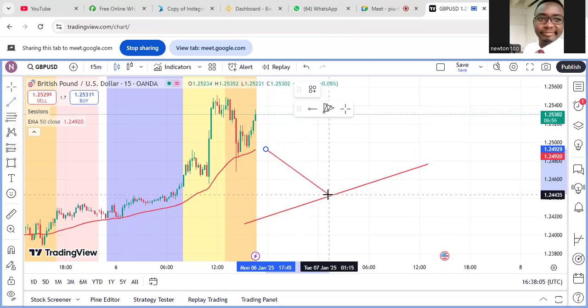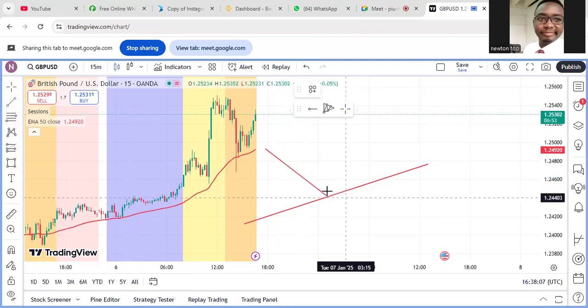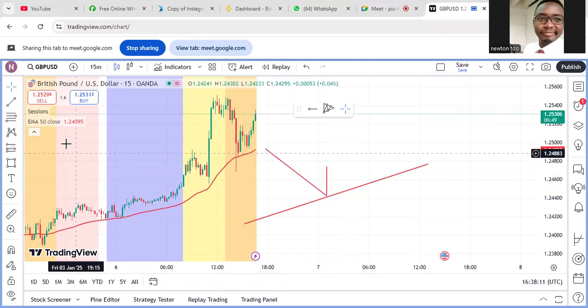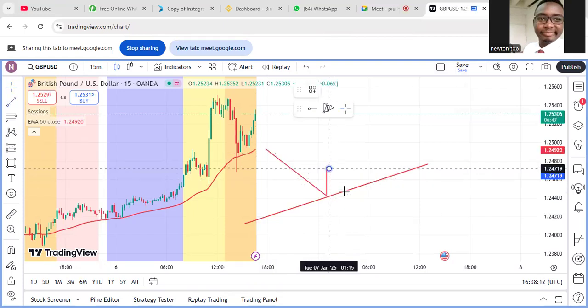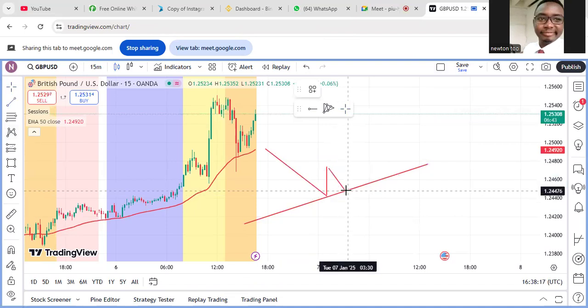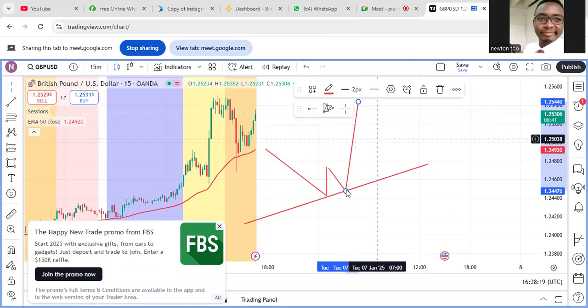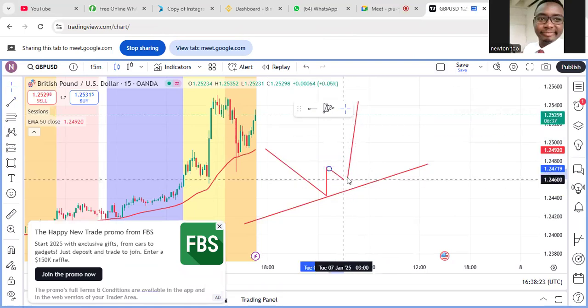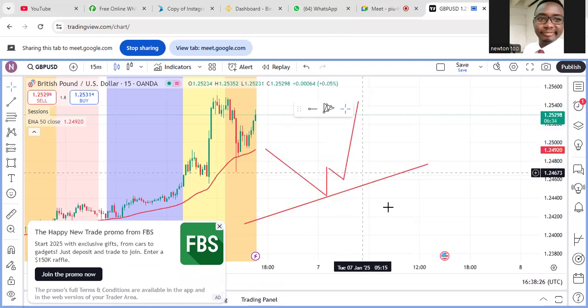So the market will bounce off, then do like this, and you form a W pattern. Sometimes the second leg is not the same size, but this is a W pattern.